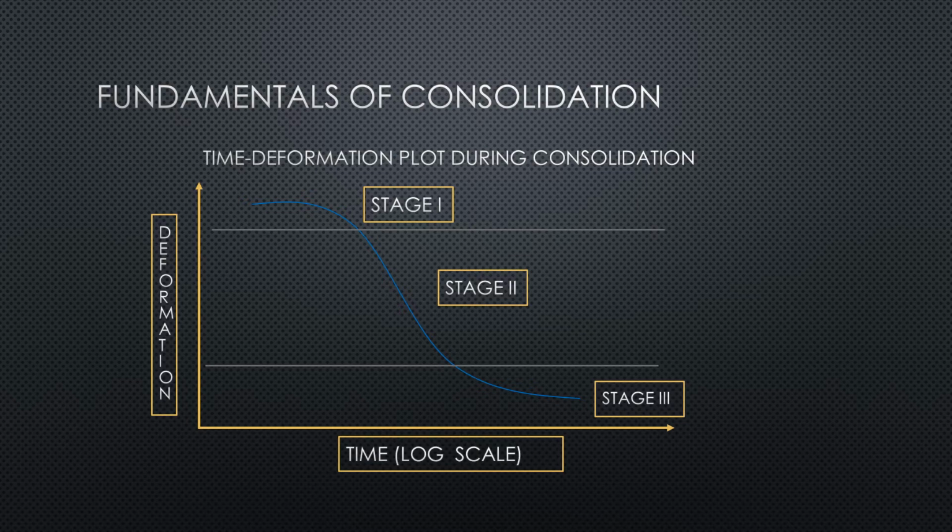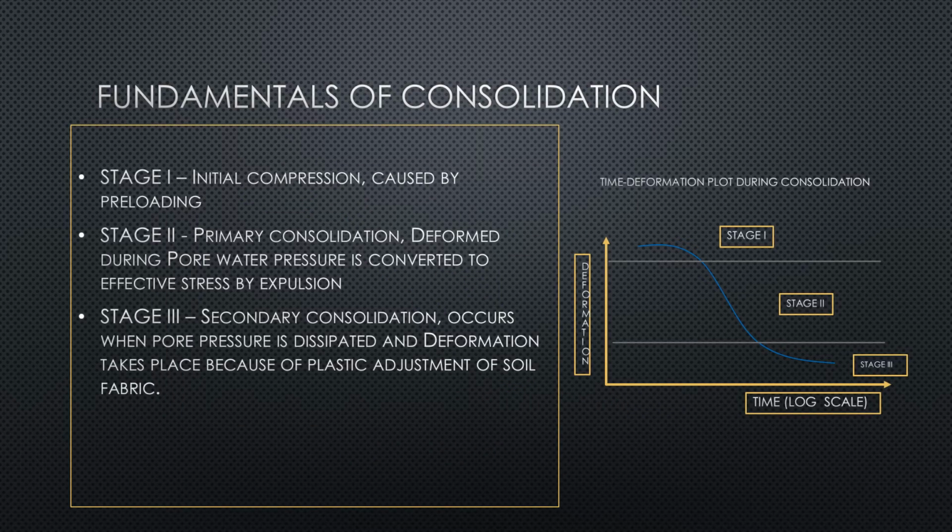That will be explained in the next slides. Stage 1 is the initial compression caused by preloading. These are the compressions that occur before the stress is applied. As you can see in the graph, the deformation is slow for a longer time.